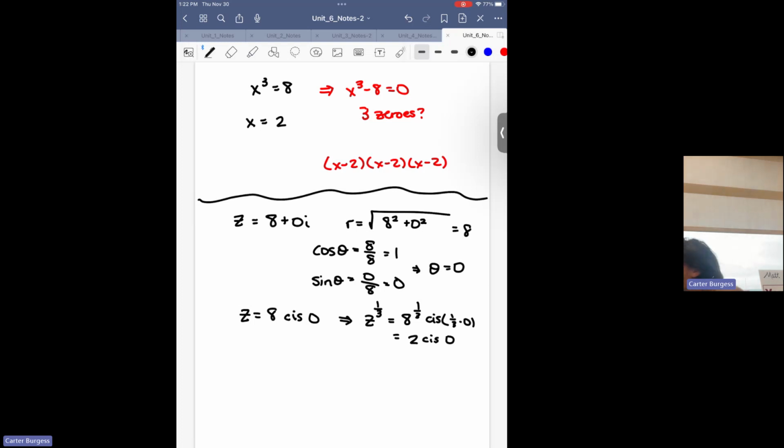So the real component here will be 2. And i sine of 0 is going to be 0i. So the imaginary component is 0. This is just equal to 2, which is what we found up here already. Okay, we've learned nothing. We already knew that 2 was going to be one of our solutions. We're still missing 2 solutions here.